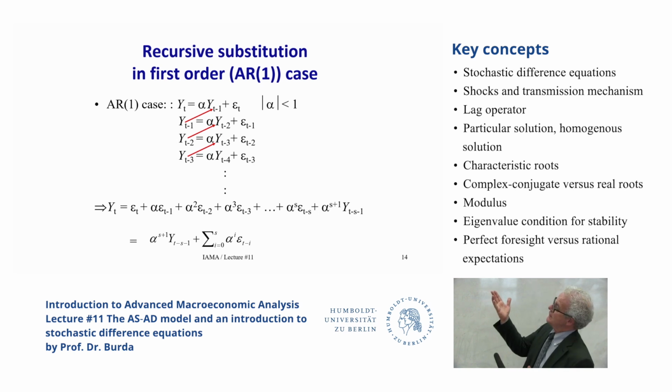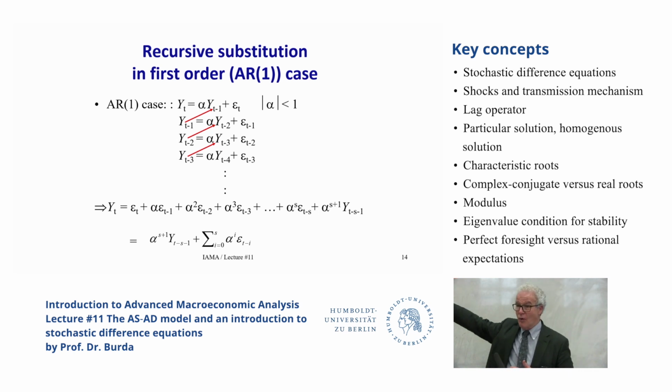So what do we get as a result? We get an initial condition going S periods into the past. That could be 1904. And then we've got all these different shocks that have happened since 1904, 1905. That may have been the building of this thing. And then we've got another shock. Then we had World War I, and we had World War II. And what we have today is basically accumulation of those shocks.